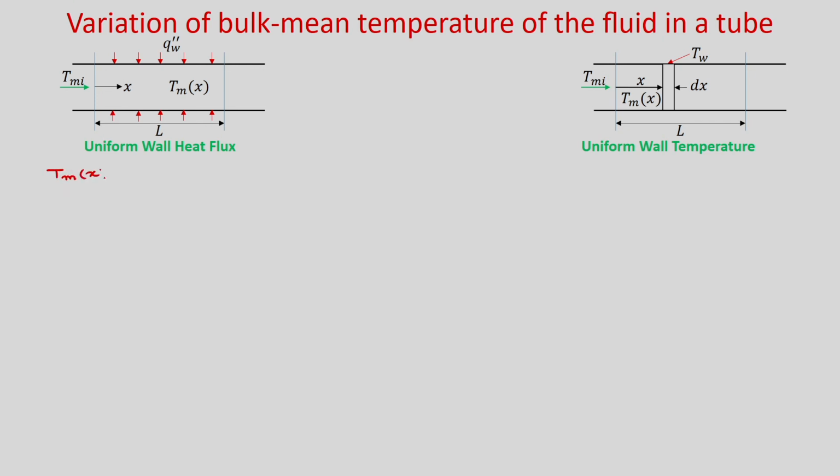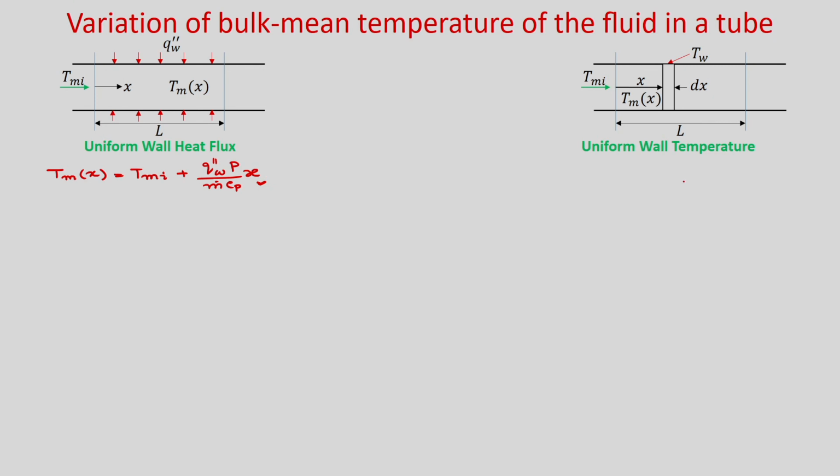Tm, which is a function of x, we have written as Tmi plus Q double prime w P by m dot Cp into x. You can see your Tm is varying linearly, because Q double prime w P by m dot Cp is constant. So, Tm is varying linearly with x.